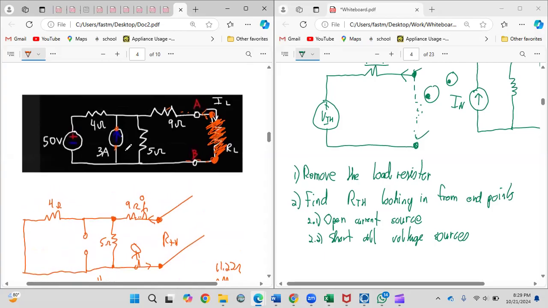I love nodal. Generally you should use loop if you're looking for voltage and use nodal if you're looking for current, but I'm biased, so I will use nodal. You could use loop, but if given my choice, I will use nodal.